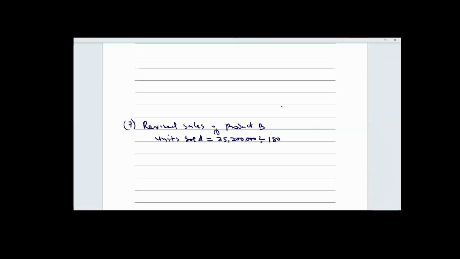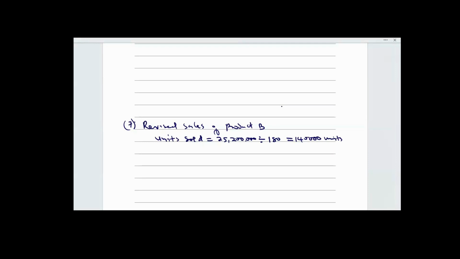So this will give us what? 140,000 units. So the units sold for product B is 140,000 units.